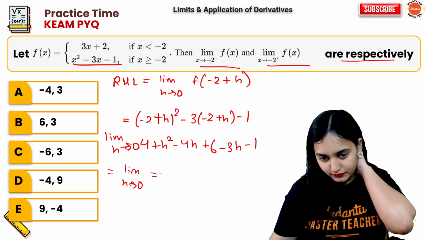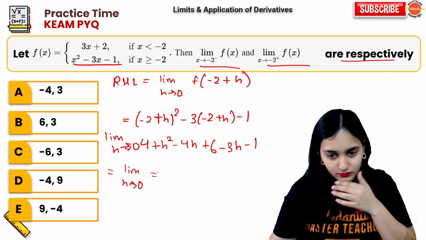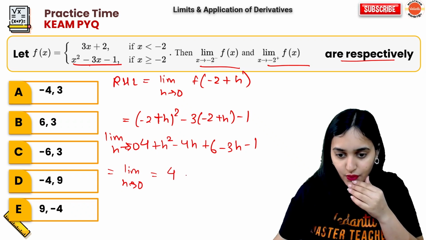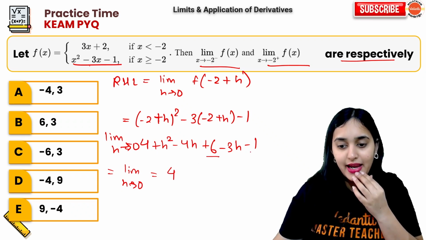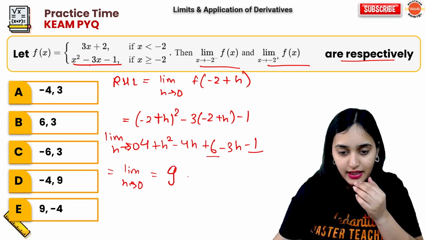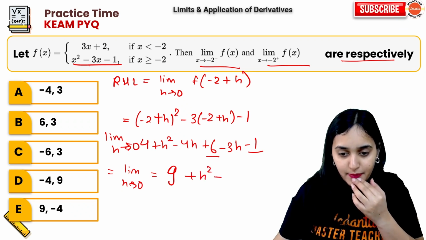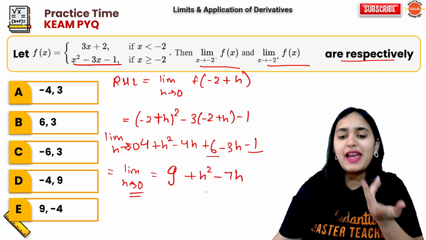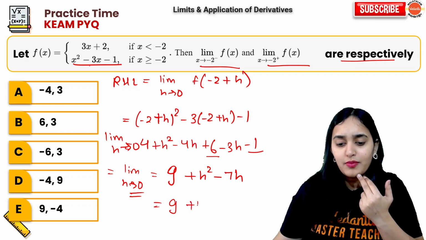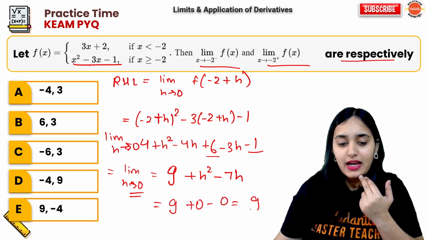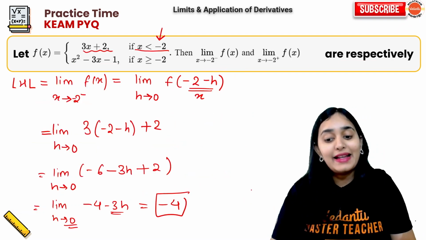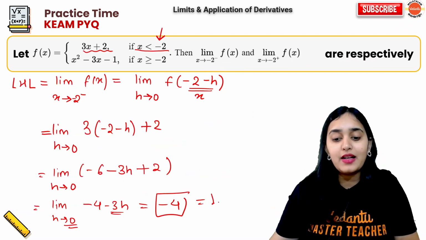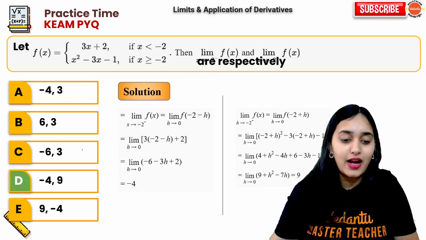We have 4 plus 6, 10 minus 1, 9. So 9 plus h square minus 7h. Now you put h is equal to 0. So you have 9 plus 0 minus 0. So answer is 9. So your right hand limit is 9 and your left hand limit is minus 4. So this should be your answer.